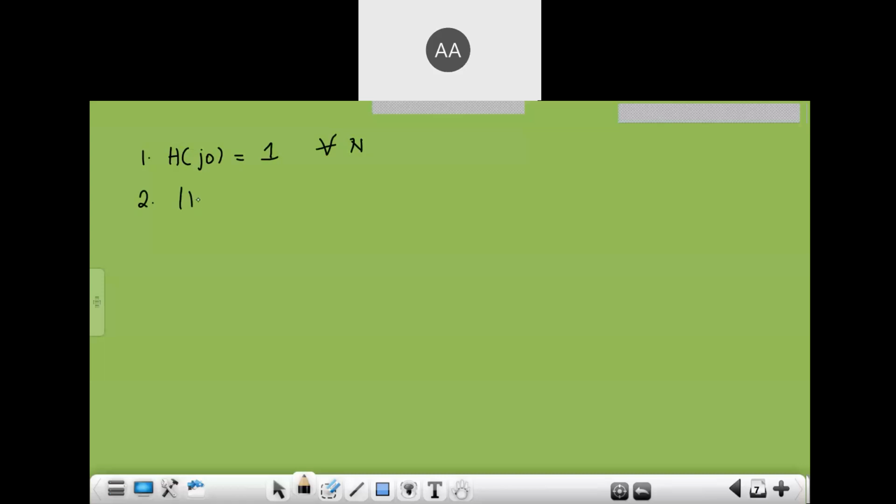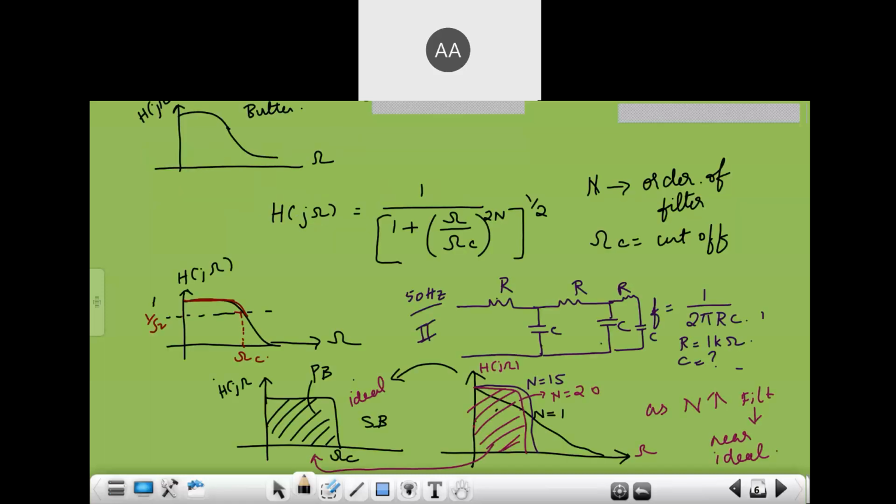So mod of H of j omega equal to 1 by root 2, what is the meaning? Your omega is equal to omega c, right? You observe this diagram.